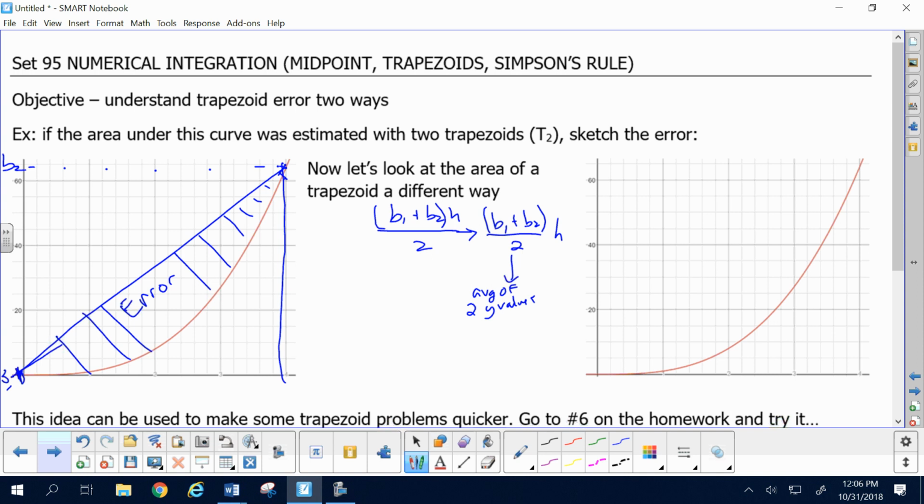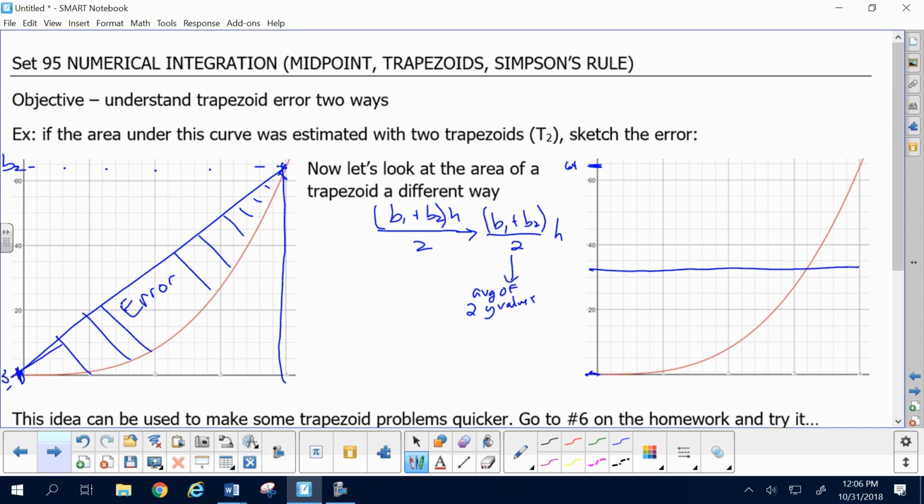In other words, I could think of this as some kind of average y. Now, the y's go from 0 to, this is a cube you'll find, so 64. So as far as the halfway point between the two, it would be somewhere in here, like 32.